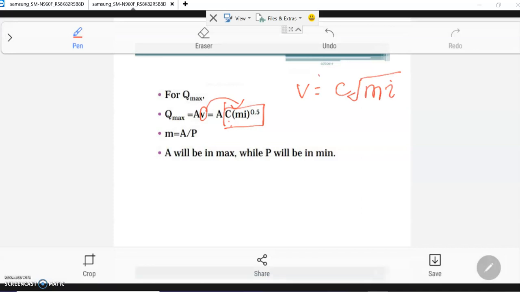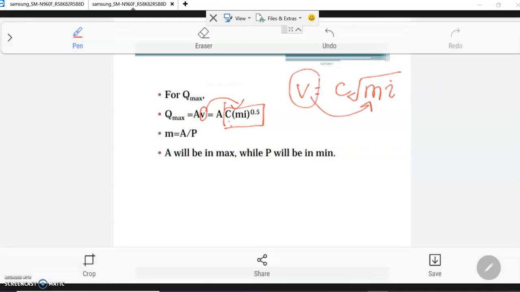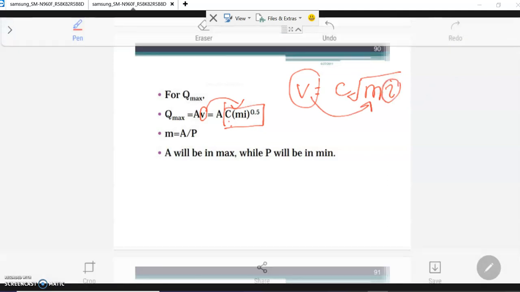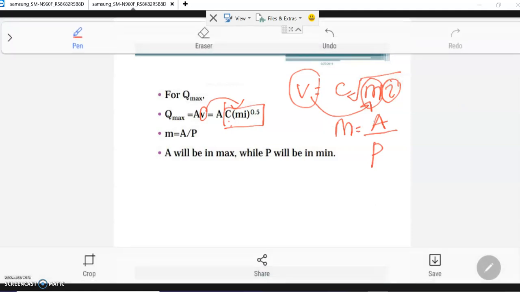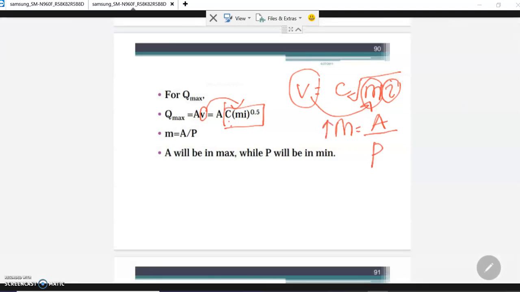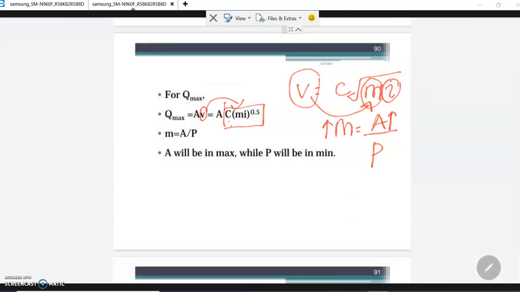So velocity is determined by the hydraulic mean depth and slope. So we focus on this hydraulic mean depth, M equals A over P. When M is high, it is directly proportional to area.